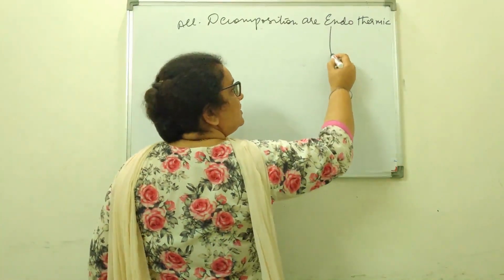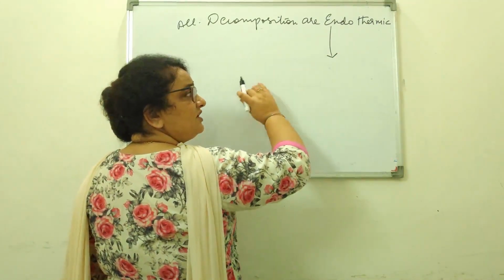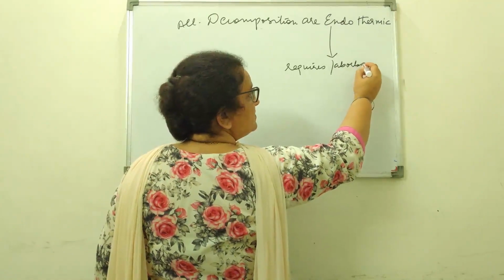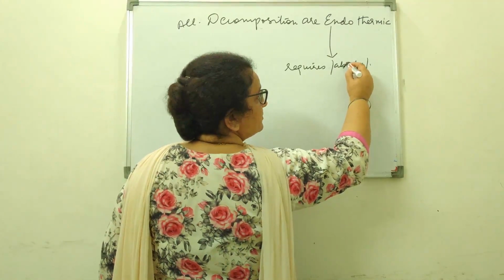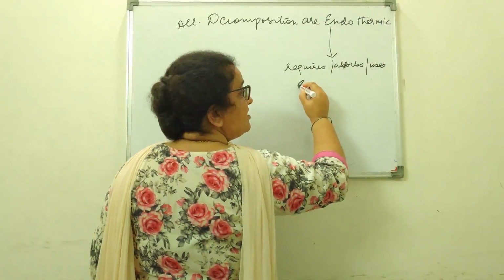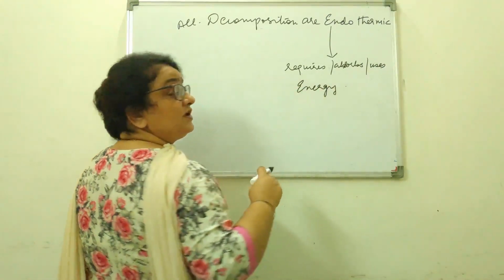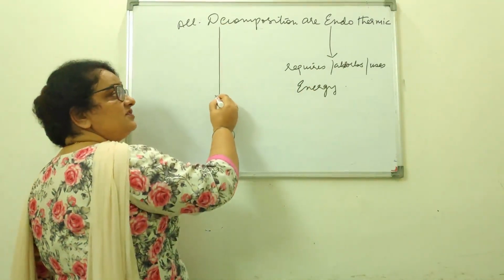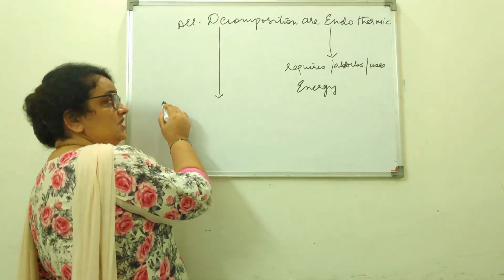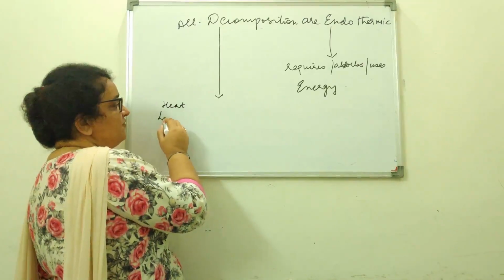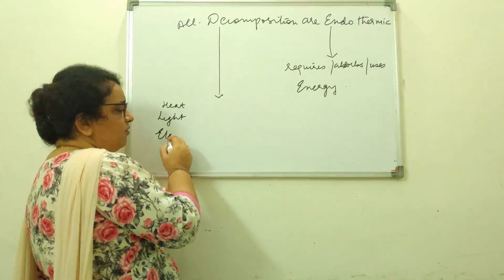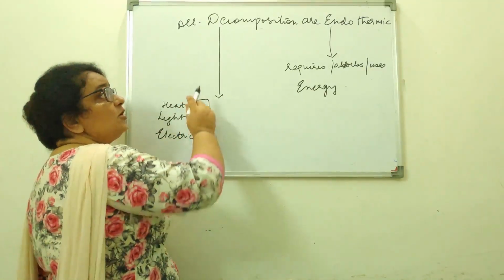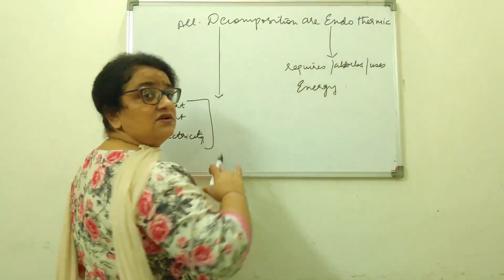First thing you must know, an endothermic reaction is one which requires or absorbs or uses energy to carry out the reaction. Such reactions are endothermic reactions. And decomposition reactions are taking up energy in the form of heat, in the form of light, or in the form of electricity to carry out the chemical reactions. So all decomposition reactions are endothermic reactions.